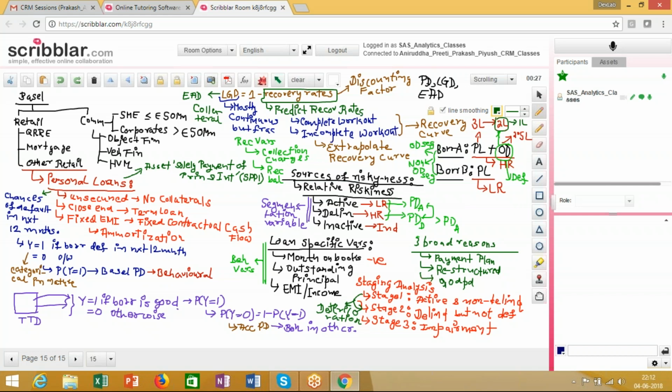So obviously what we can say is that you have undergone a credit deterioration. As I move from stage 1 to stage 2 and stage 2 to stage 3, as I undergo credit deterioration, the question that comes out is how do I identify a significant increase in the riskiness of the borrower, a significant increase in credit risk? How do I identify it, right?